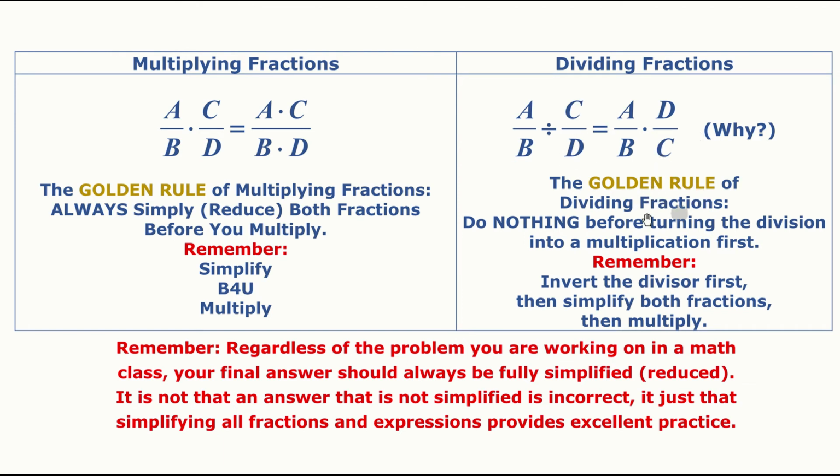Now, the golden rule for dividing fractions: don't do anything before you turn the division into a multiplication. And once you've done that, then you know what to do. So you're going to invert the divisor first, then you're going to multiply, and after you've turned it into a multiplication, you're going to apply the golden rule of multiplication, which is simplify and then multiply. Okay?